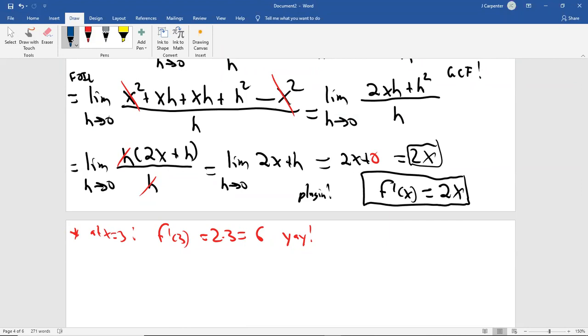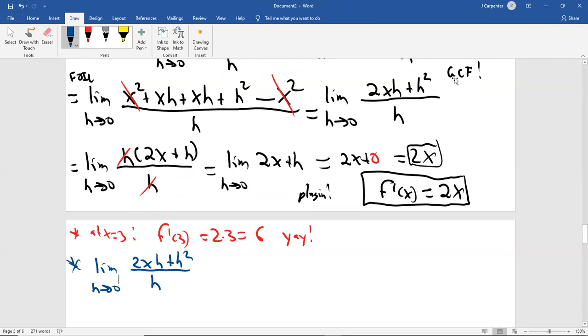I want to make another memo here that when we got to, from the previous example, the limit as h goes to 0 of 2xh plus h squared, all divided by h, I want to show you an alternate way.